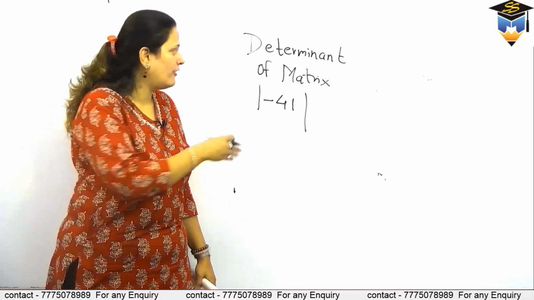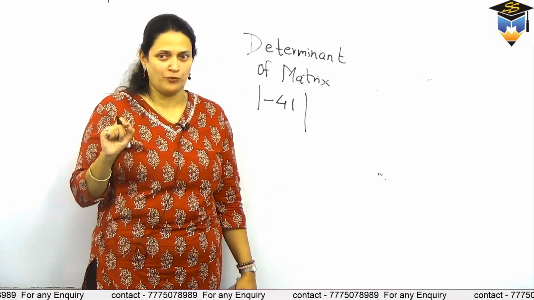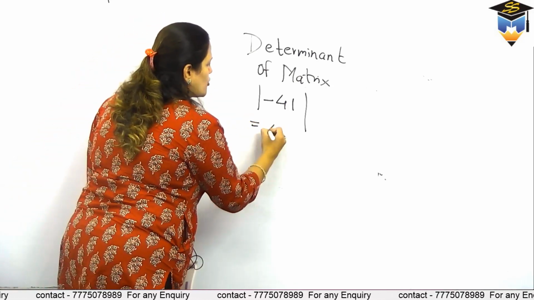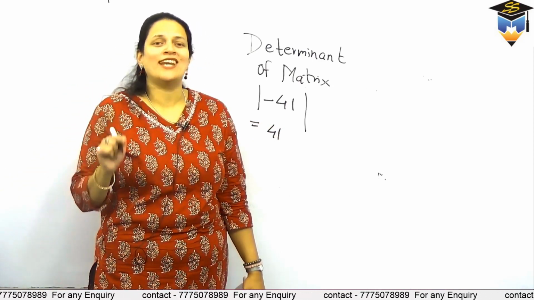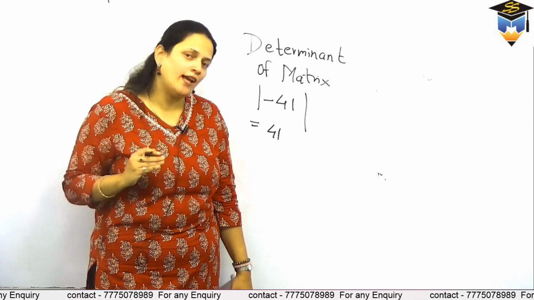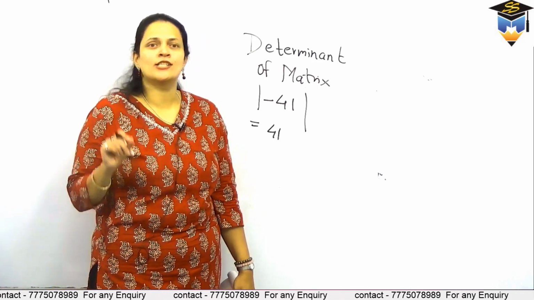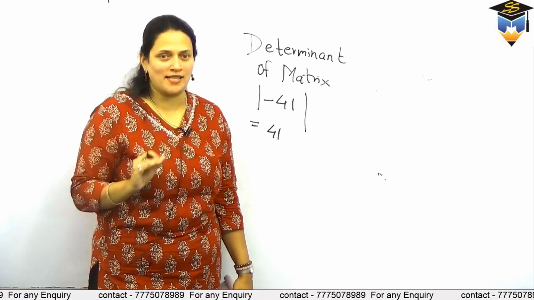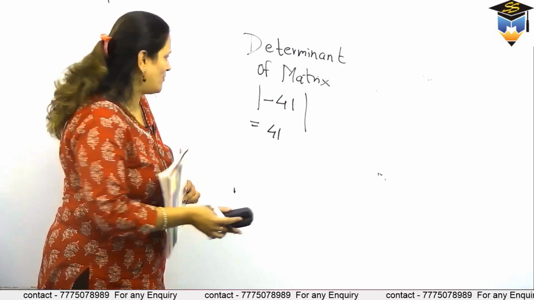Even though inside the absolute bracket you can see a negative 41, while taking its value I am going to take just the number and not consider its sign. So always take it as a positive value. Understood? When you take anything out of an absolute value bracket, we just consider its positive value. This was just a basic I wanted to tell you everyone. Now let us move on to the determinant of a matrix.